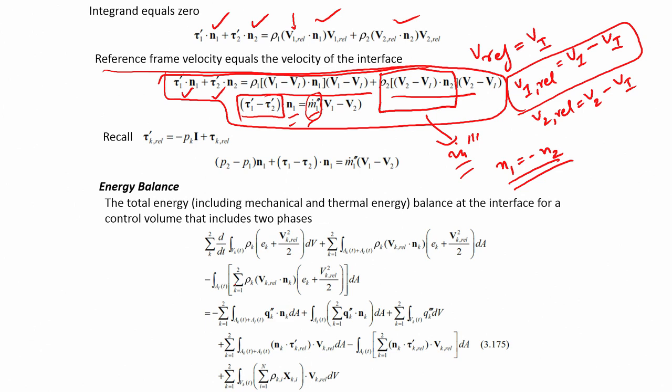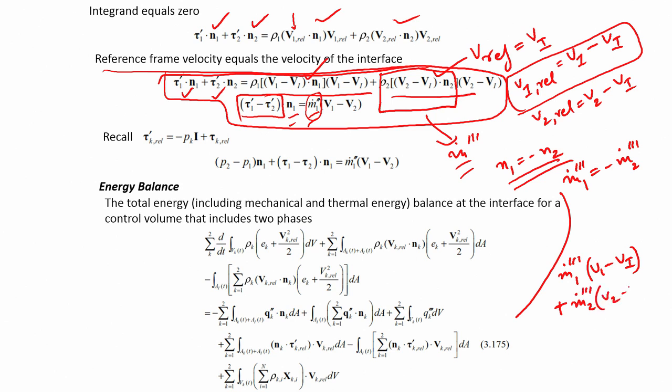Okay. So, noting also that M1 triple prime is minus M2 triple prime, when we expand these two quantities, what they will look like is M1 triple prime into V1 minus Vi, that is the first expression, plus M2 triple prime into V2 minus Vi.